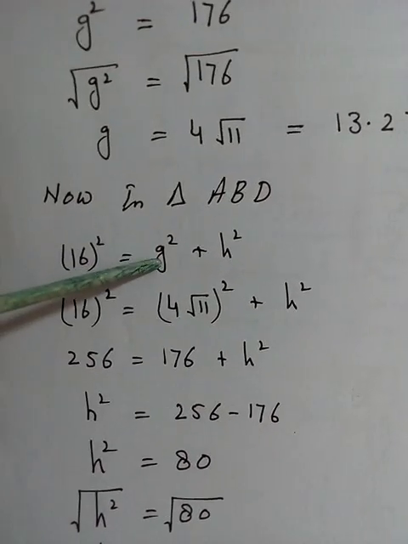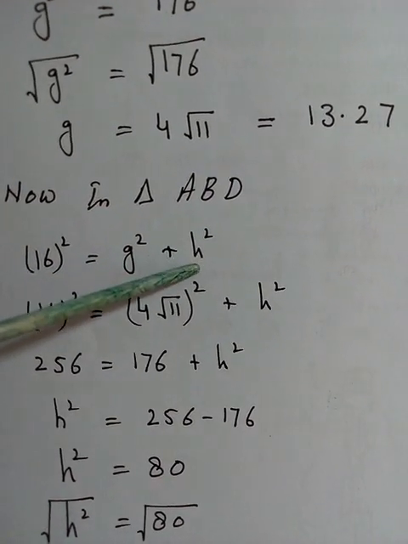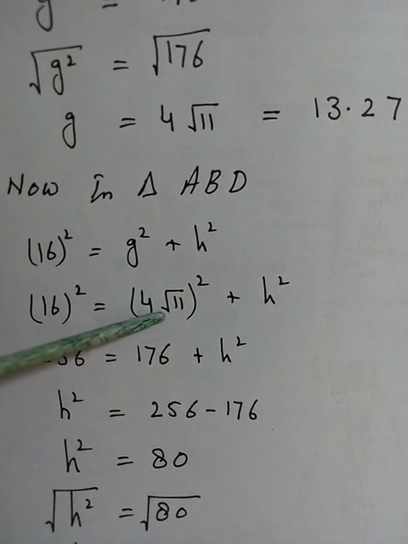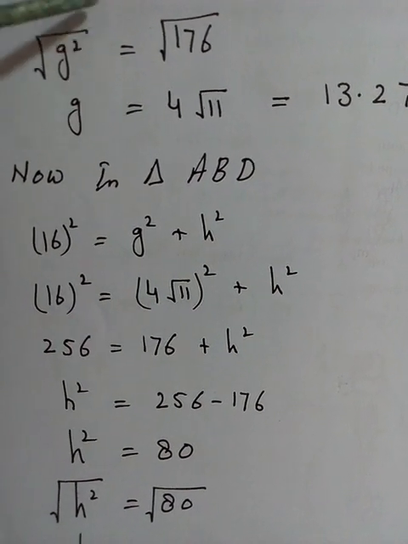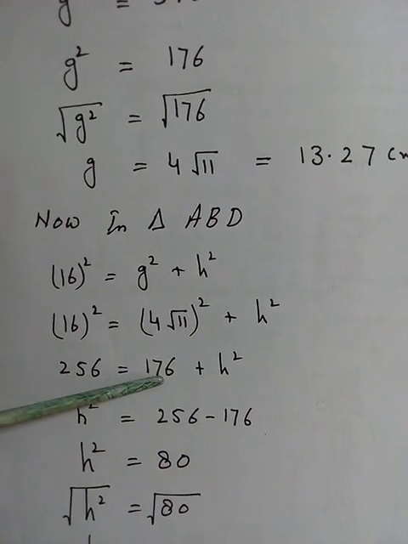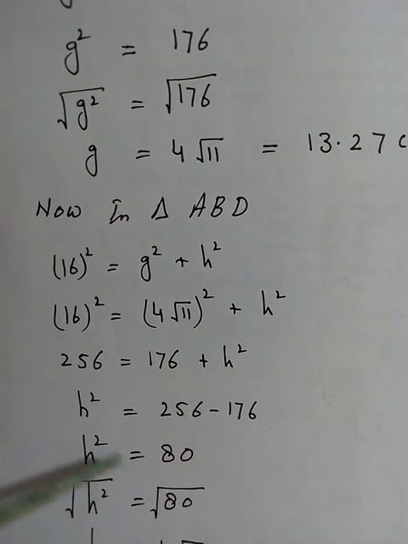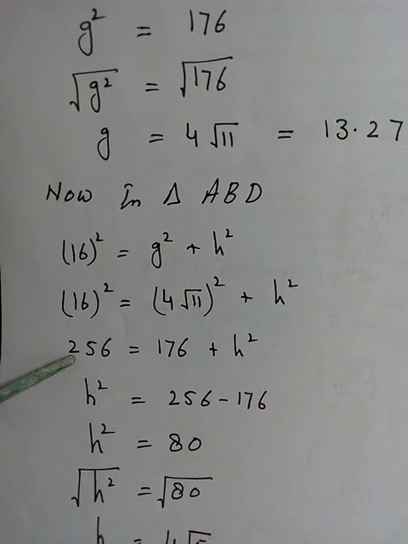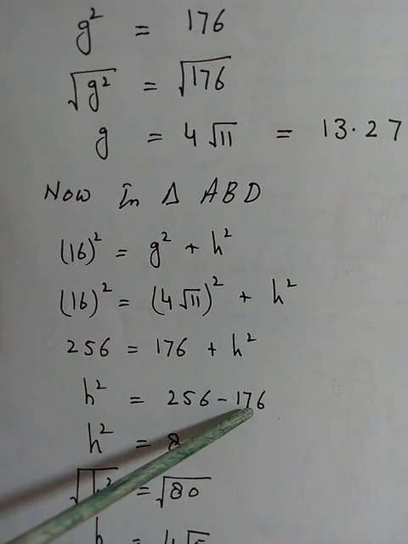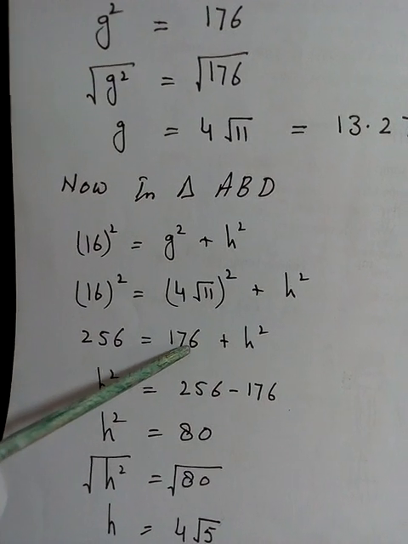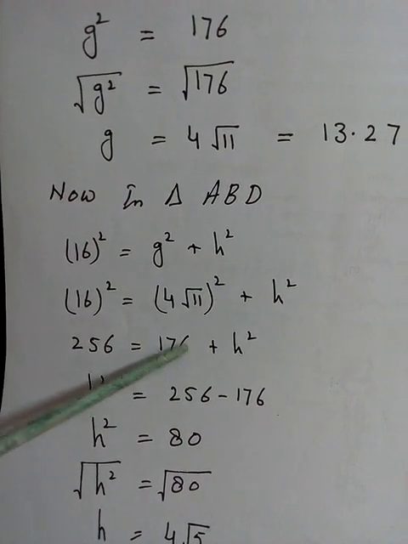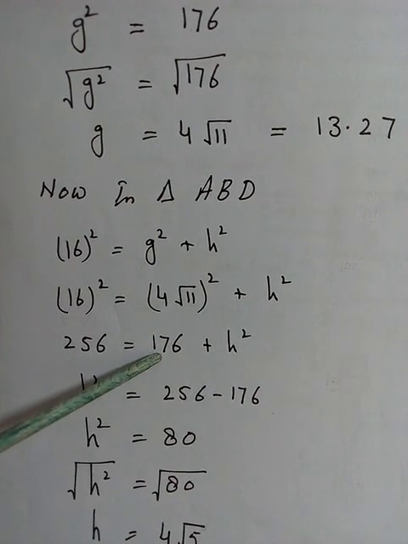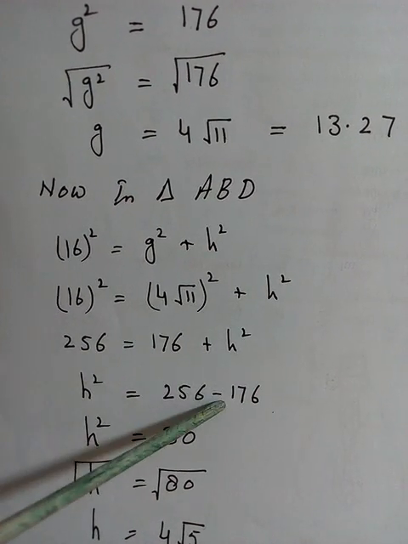16 square is equal to g square plus h square, and we know the value of g square is 176, so 176 plus h square. Now by making h square the subject, 256 minus 176, because we have to write this 176 on the other side, and its sign will change from positive to negative.